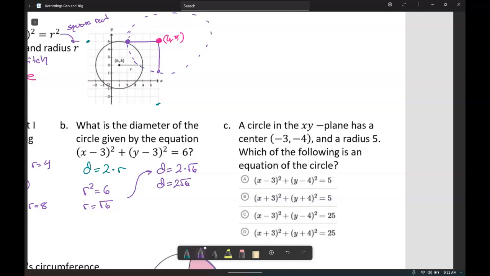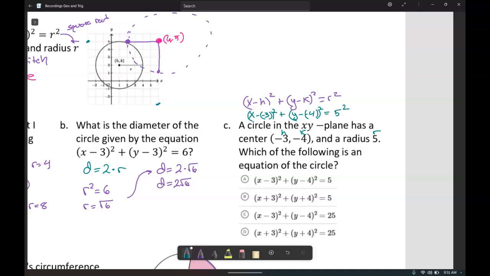Next, we have a circle in the xy plane with a center of -3, -4, and a radius of 5. Which of the following is the equation of the circle? Well, if we remember our standard form, (x minus h) squared plus (y minus k) squared equals r squared, we can substitute in the values for h, k, and r. (x minus -3) squared plus (y minus -4) squared equals 5 squared.